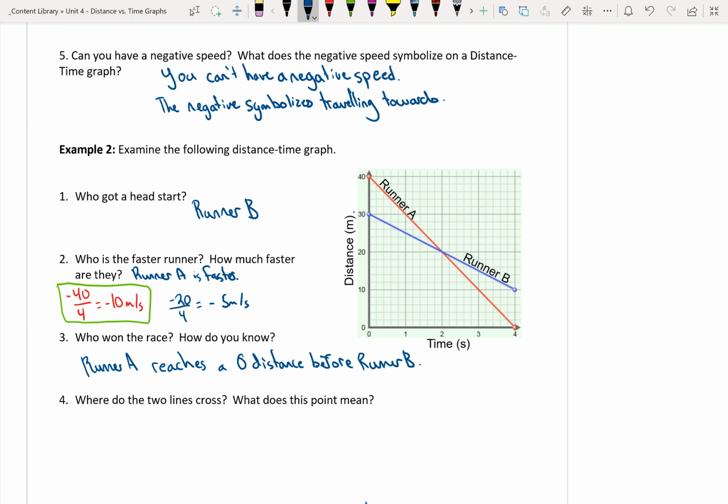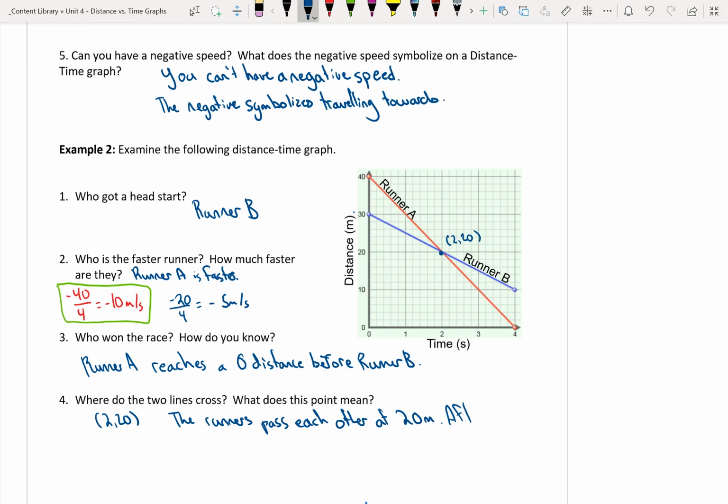Where do the two lines cross, and what does this point mean? Well, we can see that runner B and runner A, their lines cross at this point here, which is 2 and 20. So what does this point mean? Or where do they cross? Well, they cross at 2 and 20. And what does this mean? It means that the runners pass each other at 20 meters.